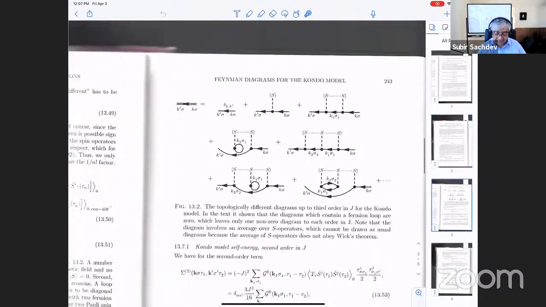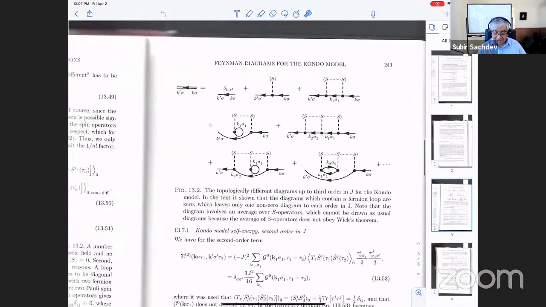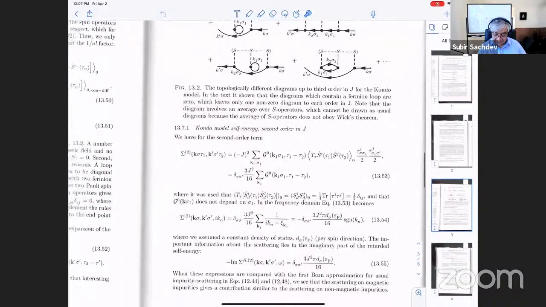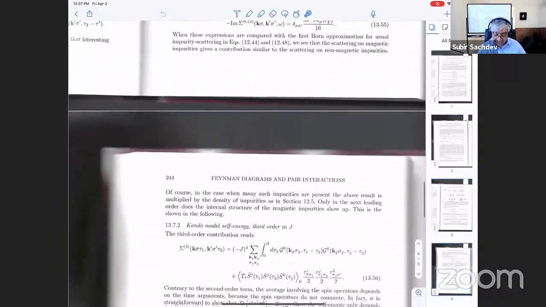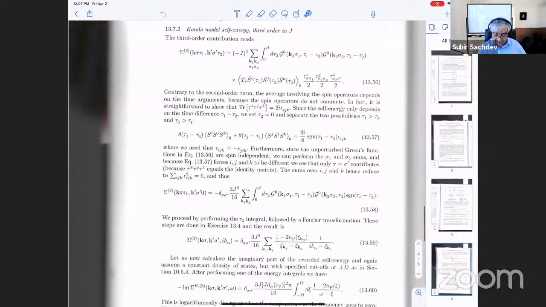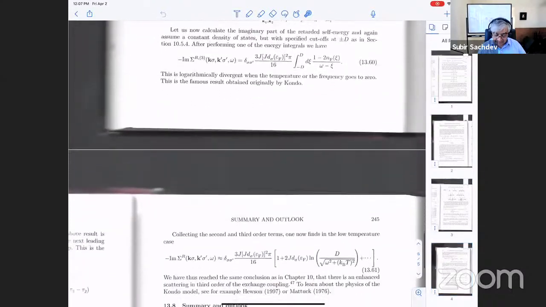So when the dust settles, here are the pictures drawn here. We've got various spins, and you take some expectation values, and then you've got Wick's theorem being applied to the conduction electrons. At order J cubed, which is how far you have to go, it's a bit of a messy calculation, but all the details are here. When the dust settles, you get an answer, which I will just quote and then try to interpret.